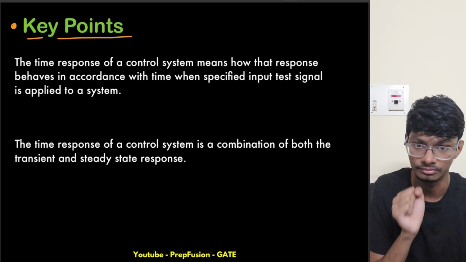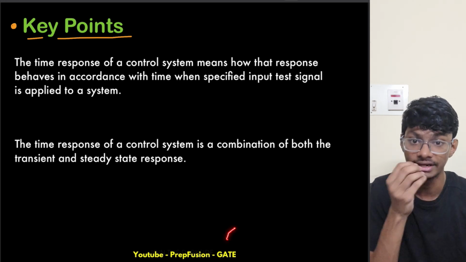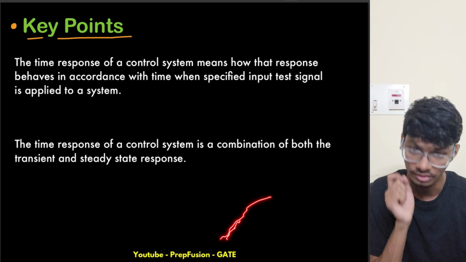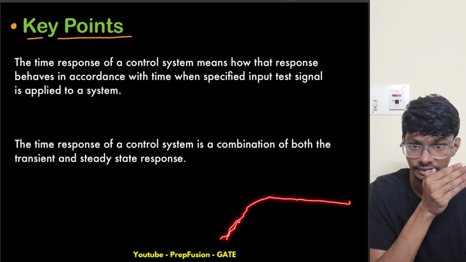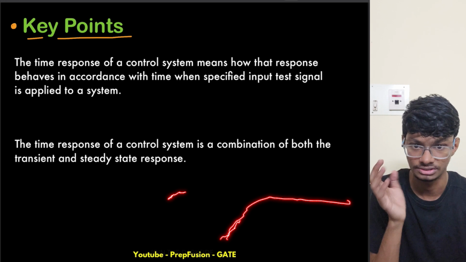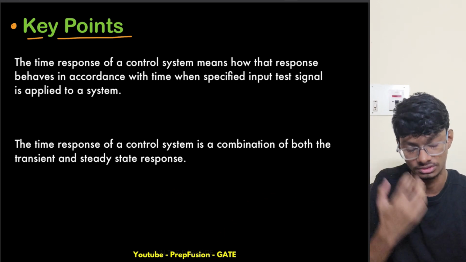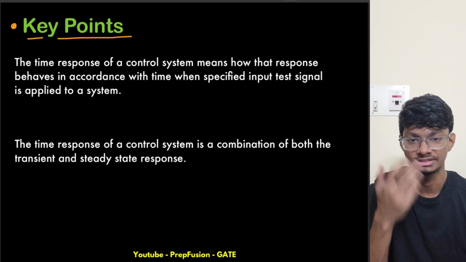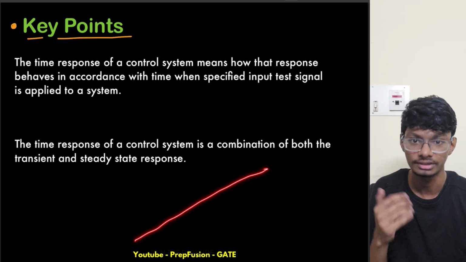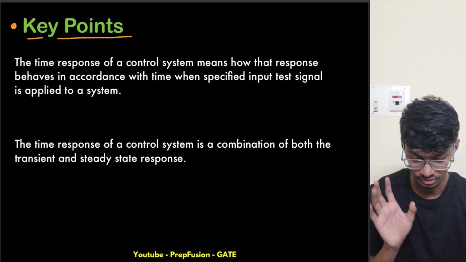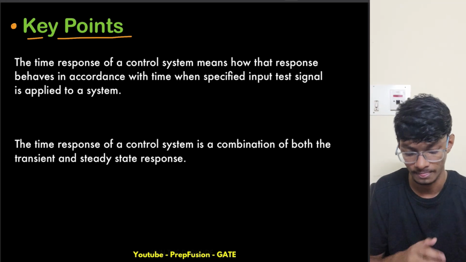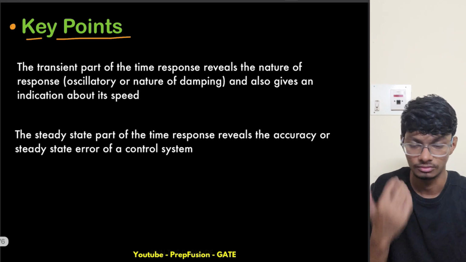Now suddenly I applied input, then it will take time to reach another steady state. Then it will remain there, because my input has also reached steady state. Some inputs may not reach steady state, they are unbounded. For that we will see what happens. So I hope you understand, it is a combination of transient and steady state. I will also show it in a graph, then you will understand.